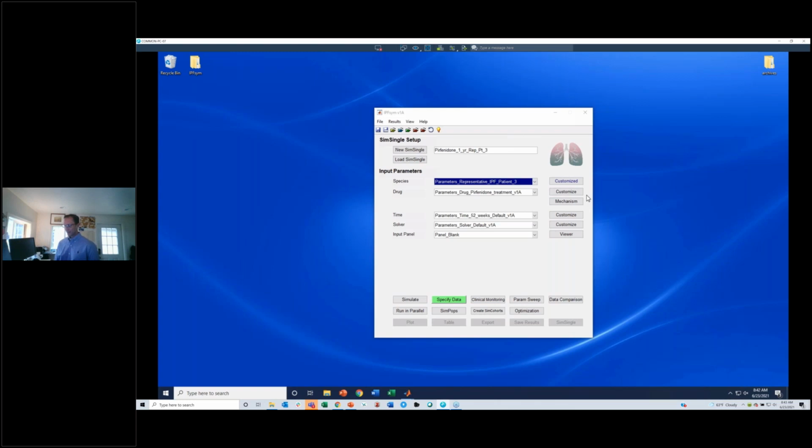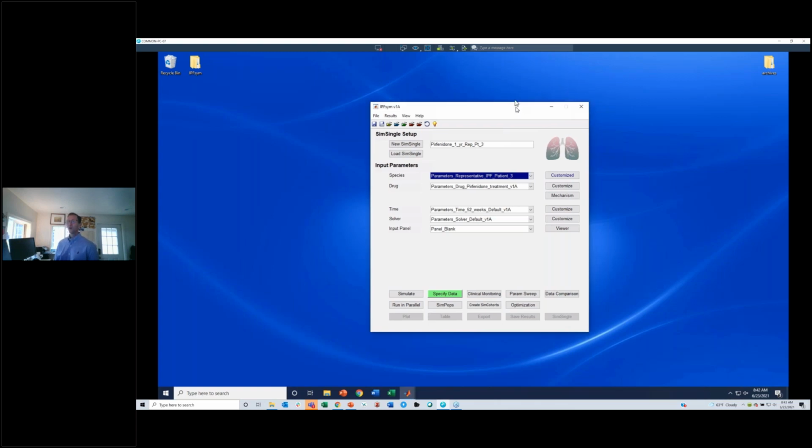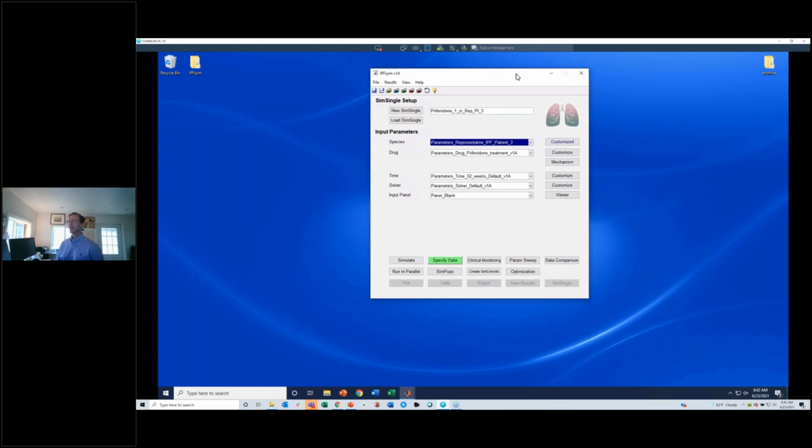What you see here is the home screen. So really this is a nice summary of the simulation capabilities. We call this a sim single, or the combination of parameter values that enables us to simulate a specific experiment in its single form.